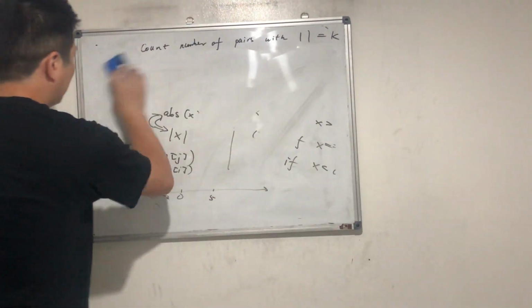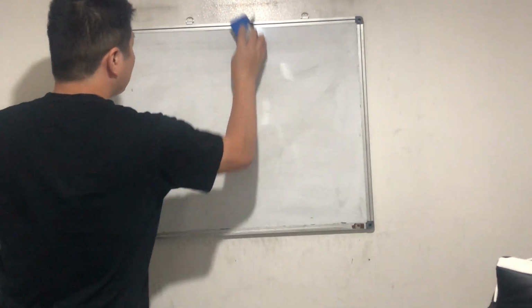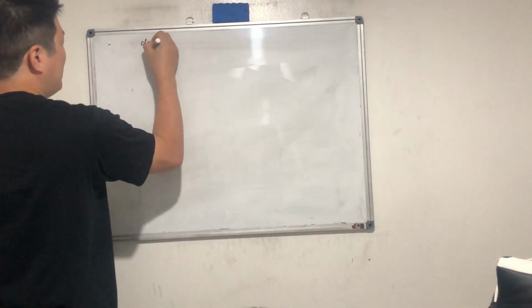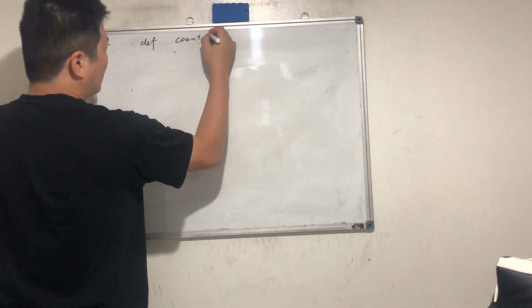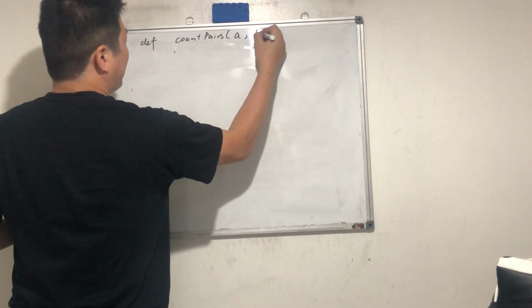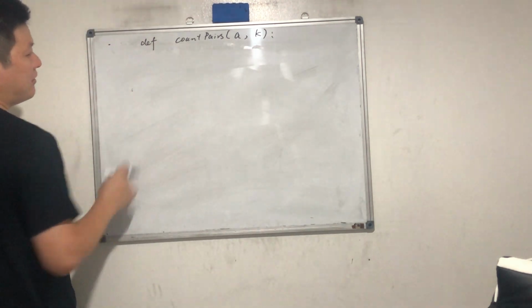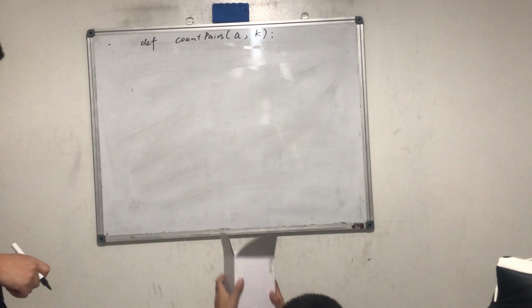Okay, so let's do this. Define count pairs, taking A and K. First of all, we need to know the length of the numbers.